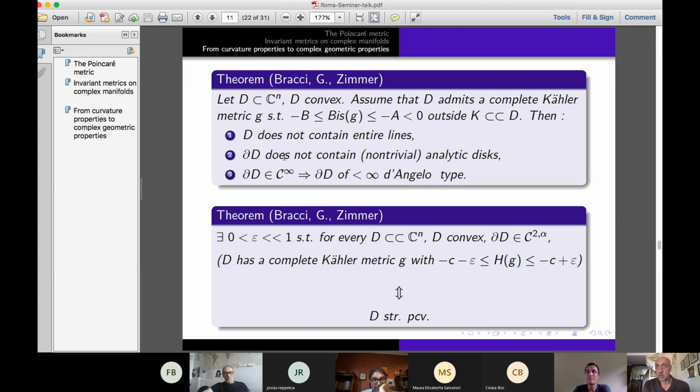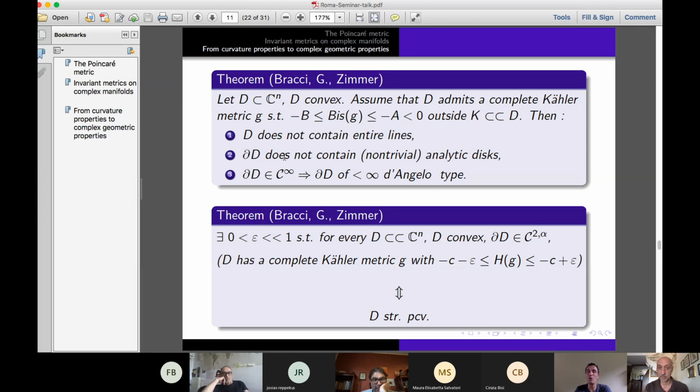The actual question is the behavior at the boundary of these metrics. It's true that you don't know anything, but everything is somewhat equivalent on a fixed compact set. Am I wrong?